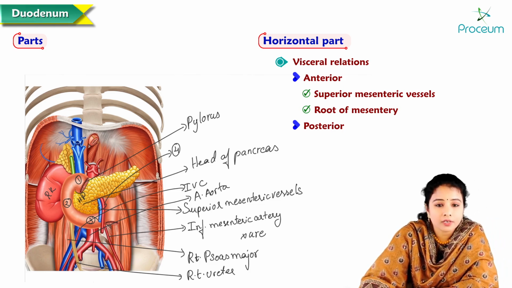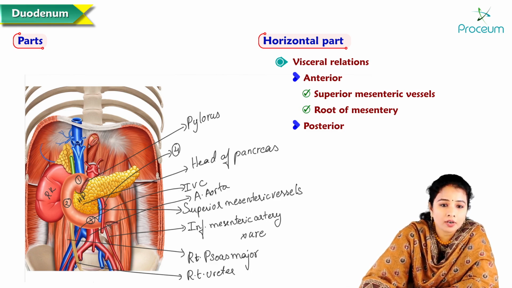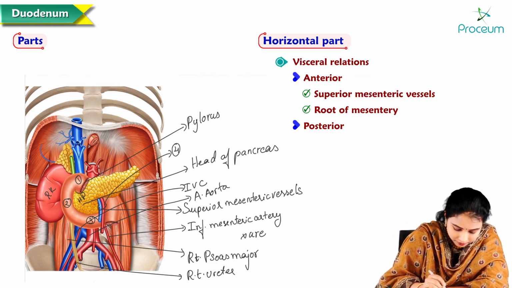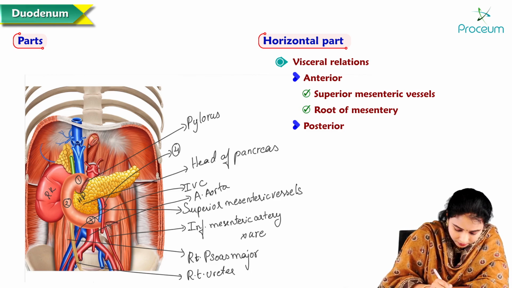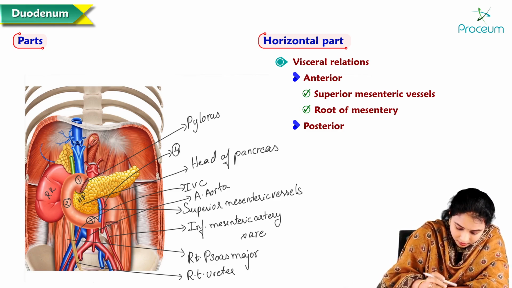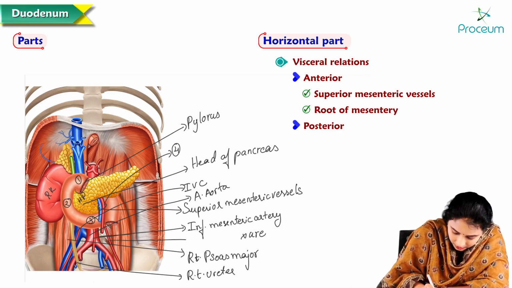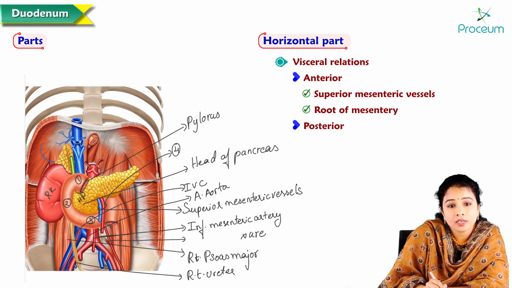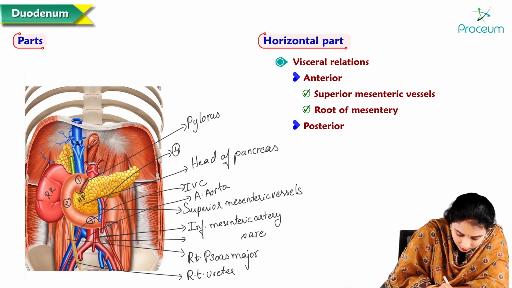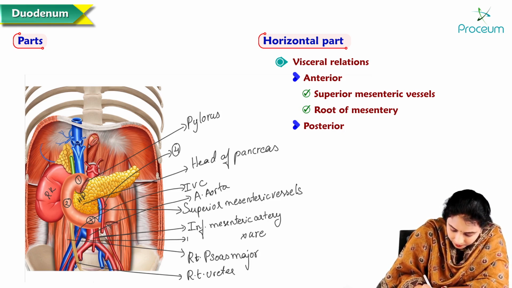And it is also related to the right testicular or right ovarian arteries. Here is the inferior mesenteric artery, and these are the right and left testicular arteries. So it is related to the right testicular, and this one is the right testicular.